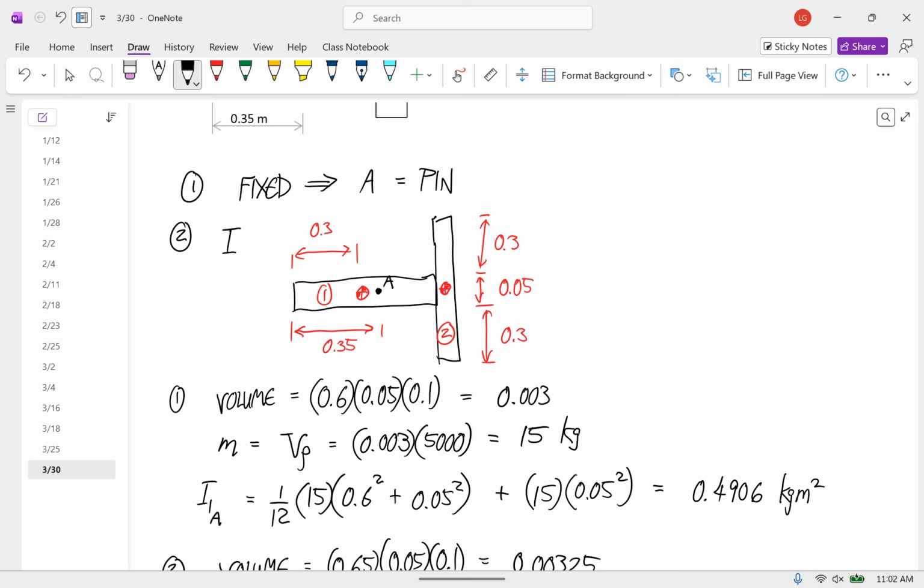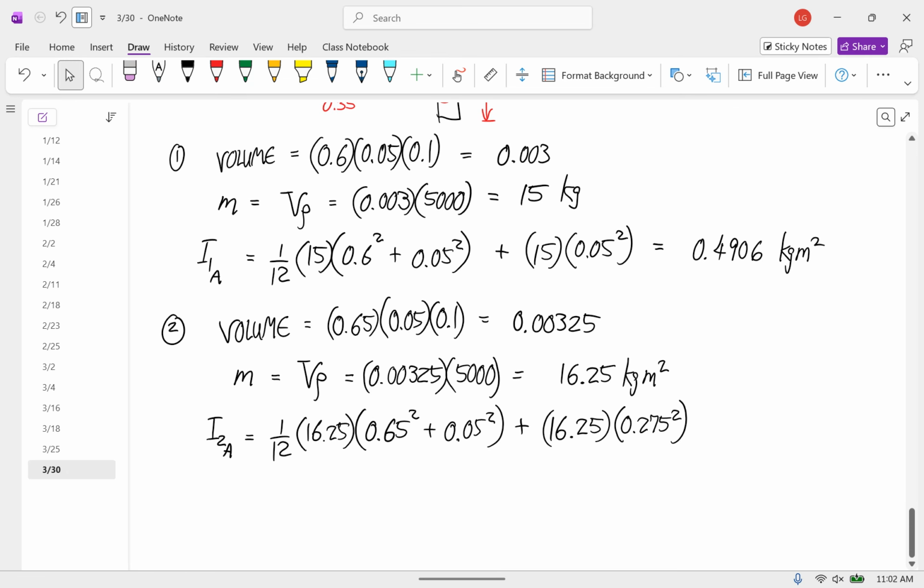So to get from the center of mass of the rectangle to the left side is half of 0.05. And then the rest of the distance is 0.6 minus 0.35. And so for this one, I get 1.804.